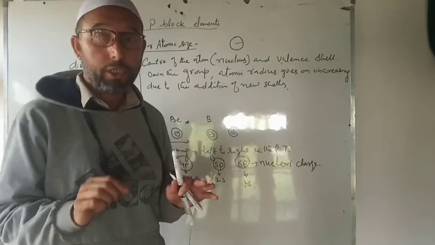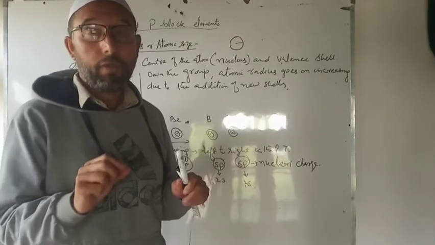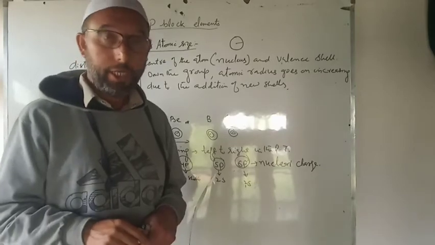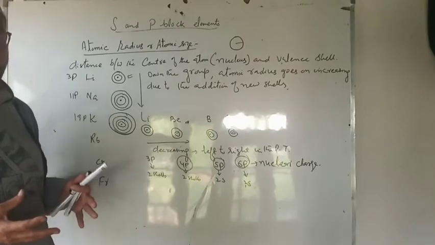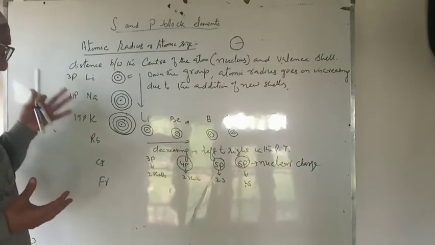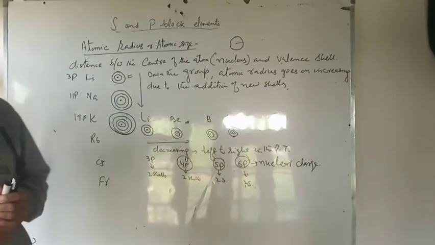Though nuclear charge also gets increased, it doesn't have the equal effect as that of the addition of new shells. So the addition of new shells is more prominent than the nuclear charge. So this is one property, atomic radius or atomic size.